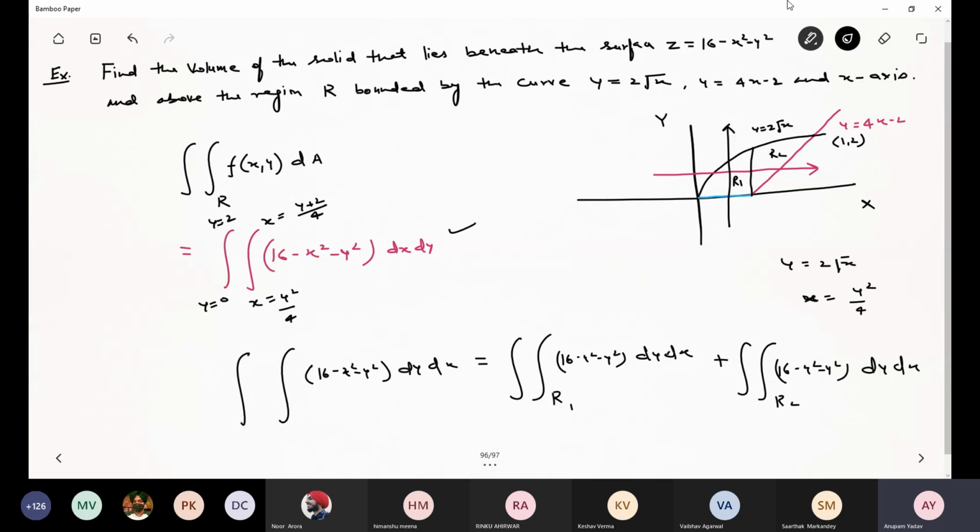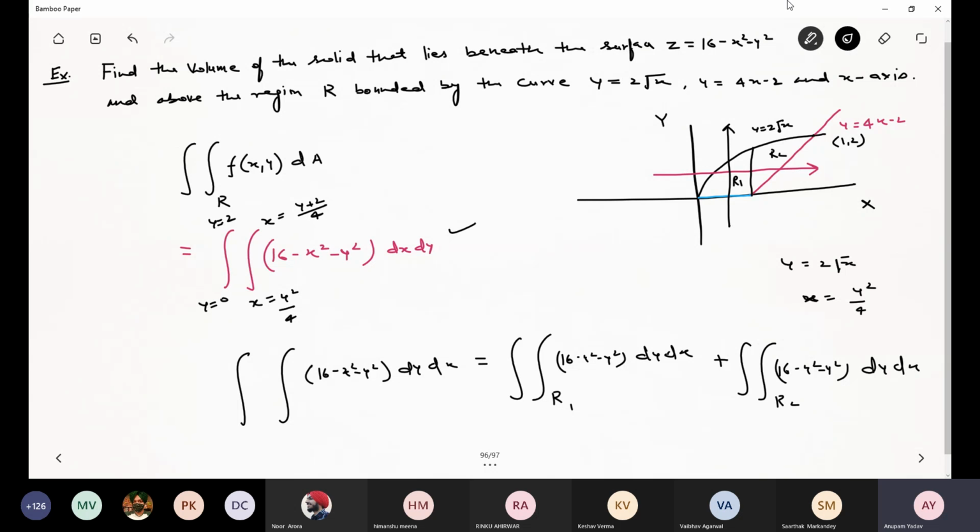So the purpose of this example was to discuss both the orders dx dy and dy dx. If you go for the order dx dy, then you need to do less computation, because in that case we do not need to divide the whole region into two parts. But in the latter case, when the order is dy dx, we cannot write this as a single double integral.